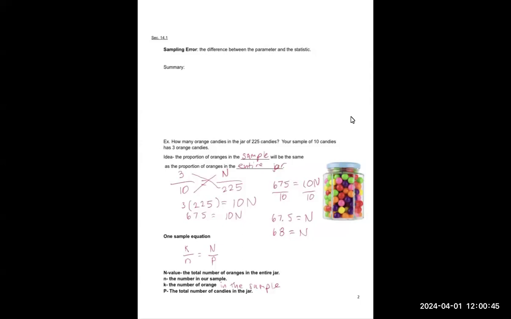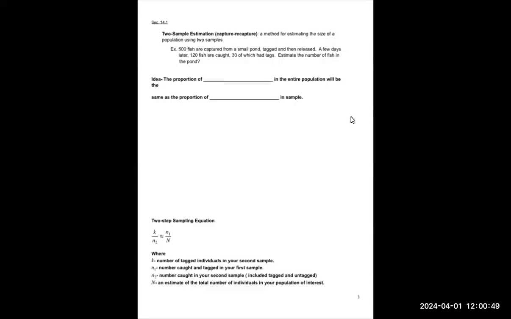So that is the first problem, the one sample sampling problem. And then we have one more problem in 4.1, another survey method, another way that we can use a sample to help us find the answer to an enumeration problem: a two-sample estimation.